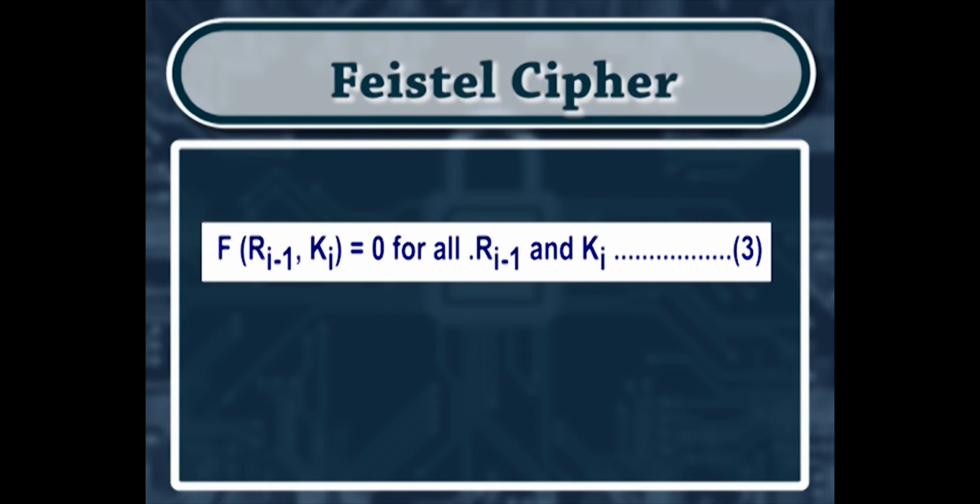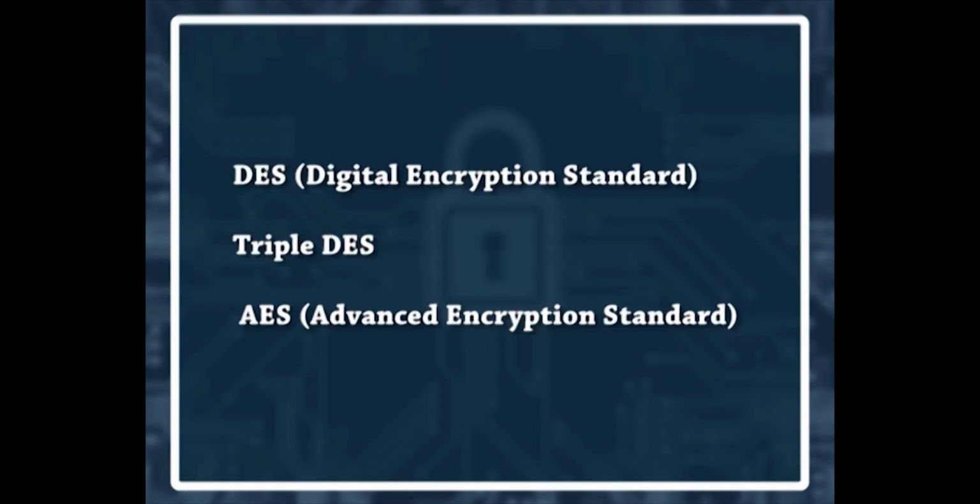Note that all questions about the security of the Feistel cipher boil down to questions about the round function and the key schedule. The key schedule is usually not a major issue, so most of the analysis can be focused on f. Other examples of block ciphers are DES, that is Data Encryption Standard, Triple DES, and AES, that is Advanced Encryption Standard.